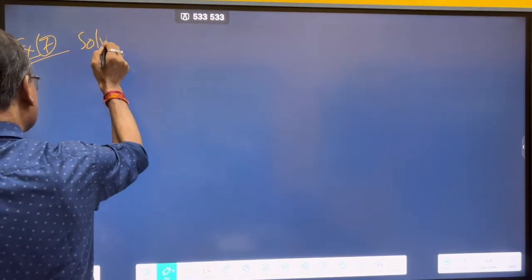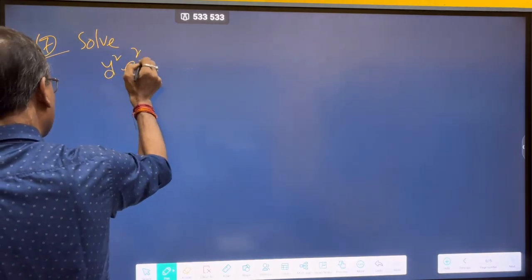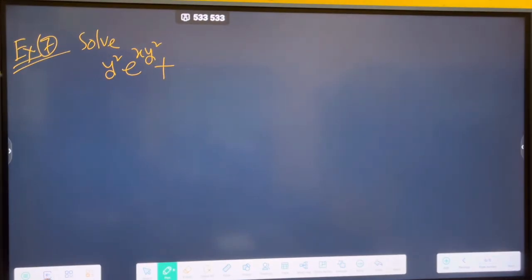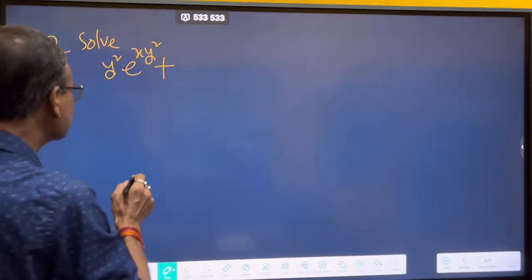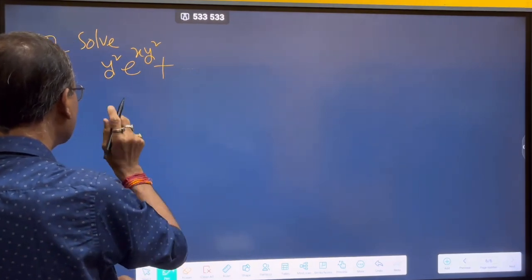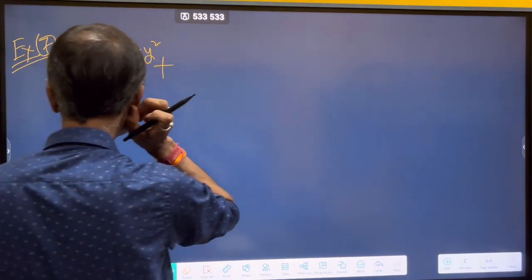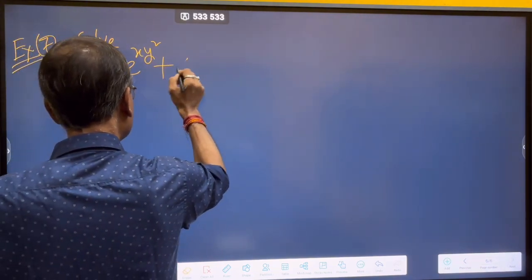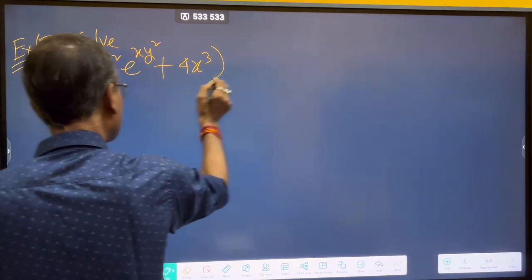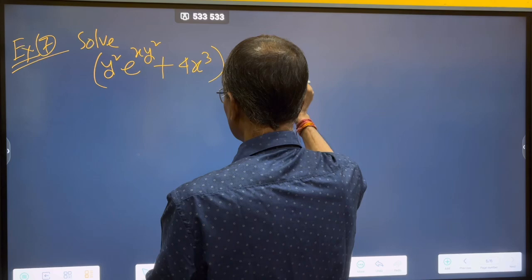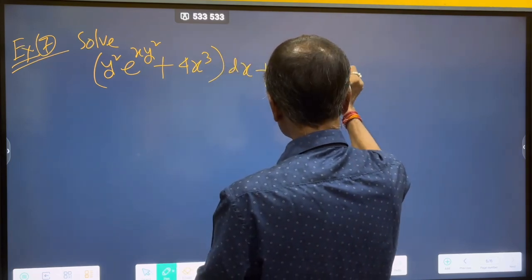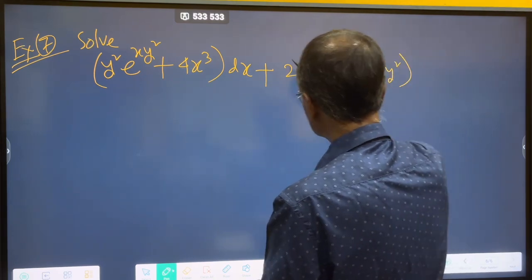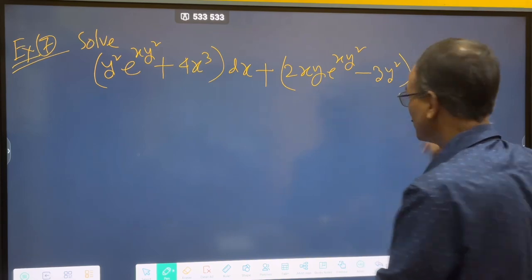Solve (y²e^(xy²) + 4x³)dx + (2xy e^(xy²) − 3y²)dy. Suppose this is, we are to solve this.